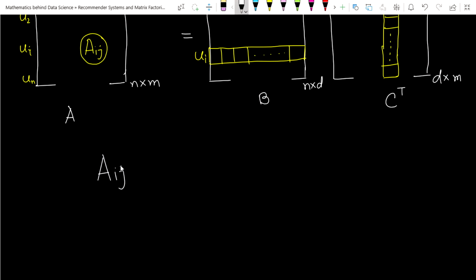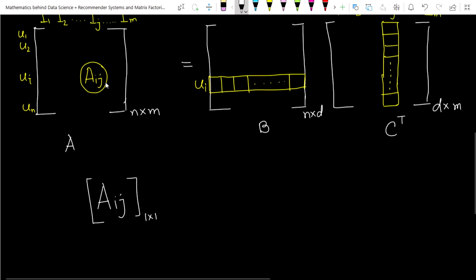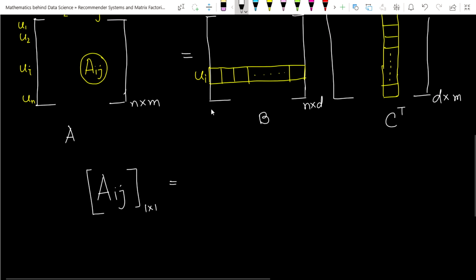So Aij, the dimension of Aij is what? 1 cross 1. That is the scalar value. I have to produce this scalar value.